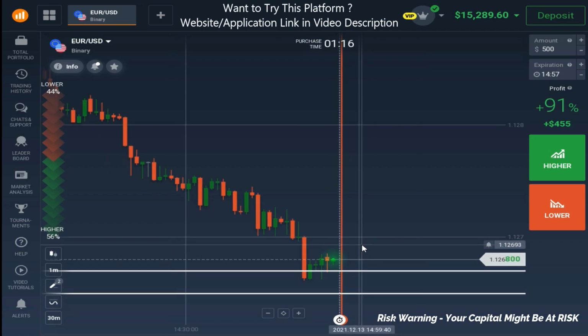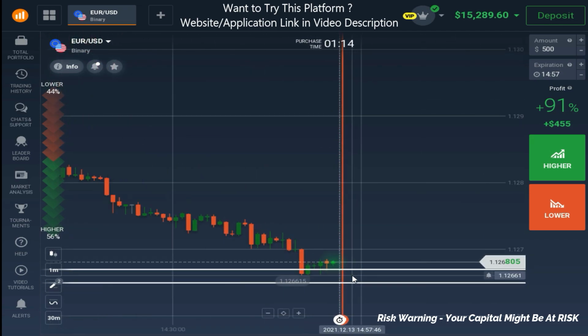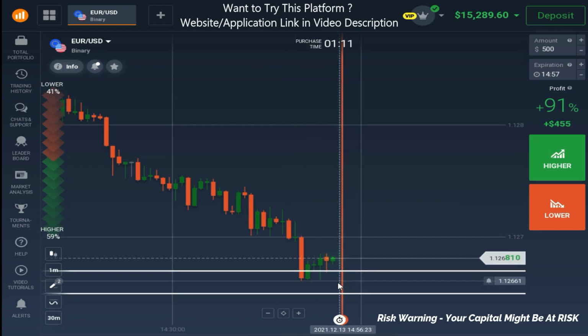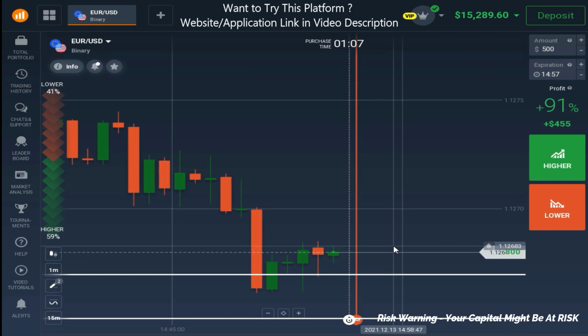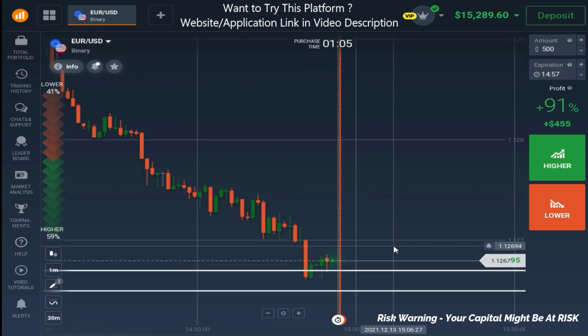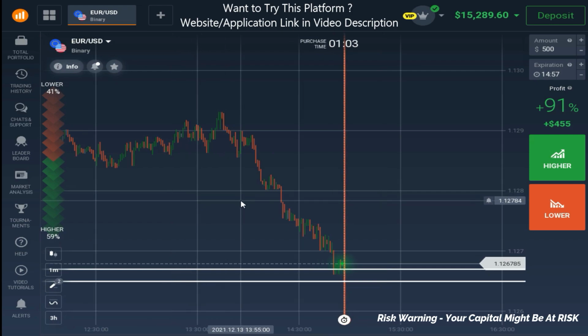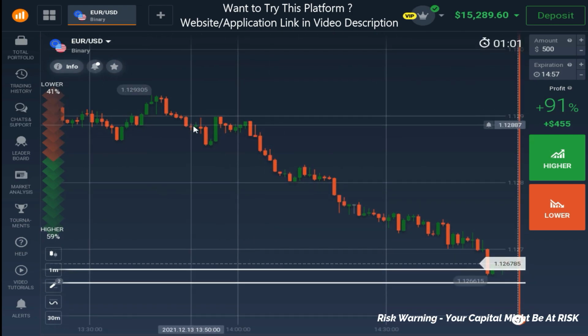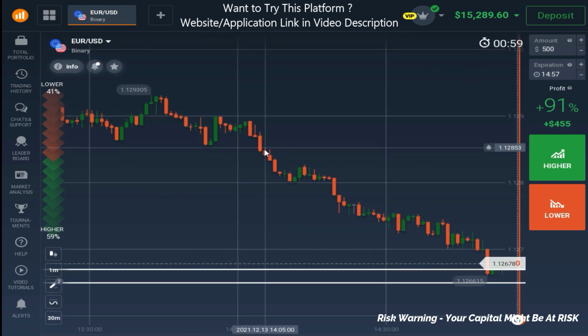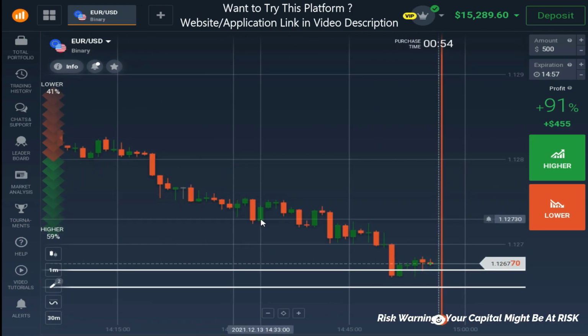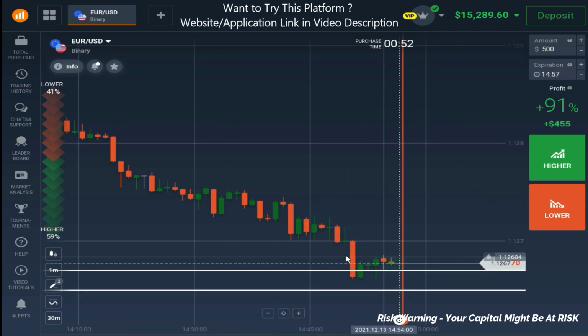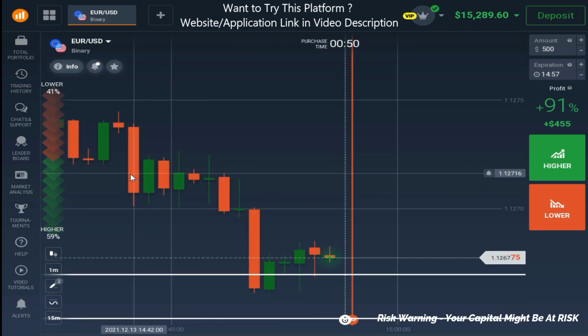Now as we have a strong support level, we can expect a reversal, but for that we need a weak market and confirmation. Right now, if we go by the chart, you can see previously it was falling sharply, but with time the momentum was slowing down and it was getting weaker.